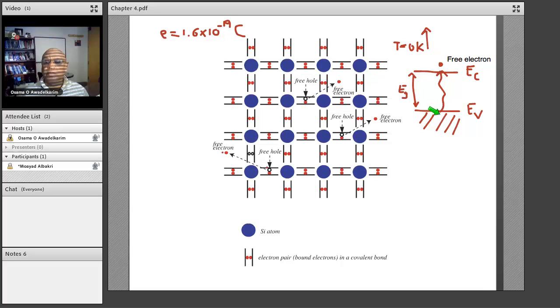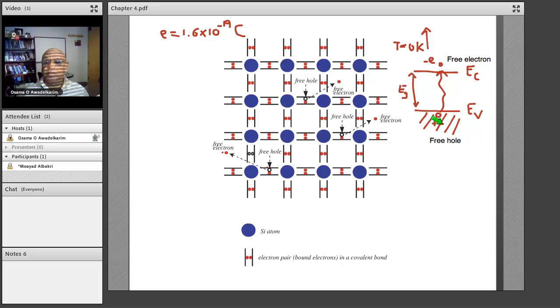It leaves behind a hole in the valence band, and this hole also is free to move. So it's a free hole in the valence band. The electron has a negative electronic charge, which is 1.6 times 10 to minus 19 coulomb. The hole has a positive electronic charge, which is 1.6 times 10 to minus 19 coulomb.